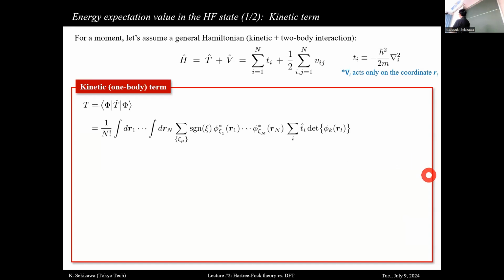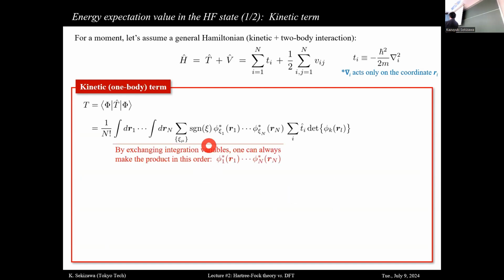Okay. So now we can consider the permutations of this summation. This provides n factorial terms from this summation. But the point is, every time you can make a change of the integration variable.